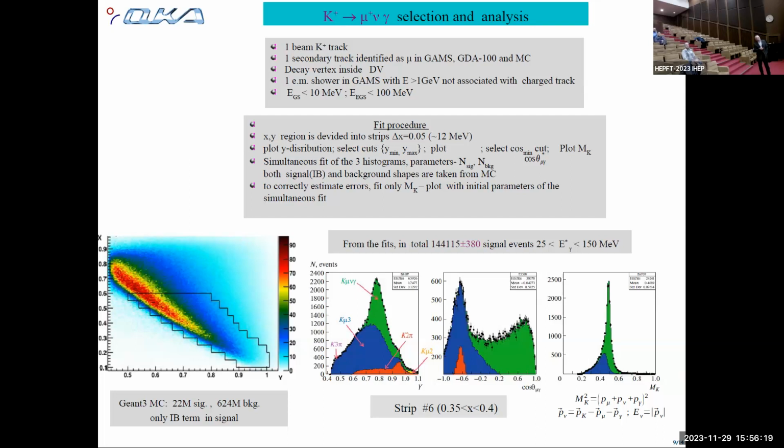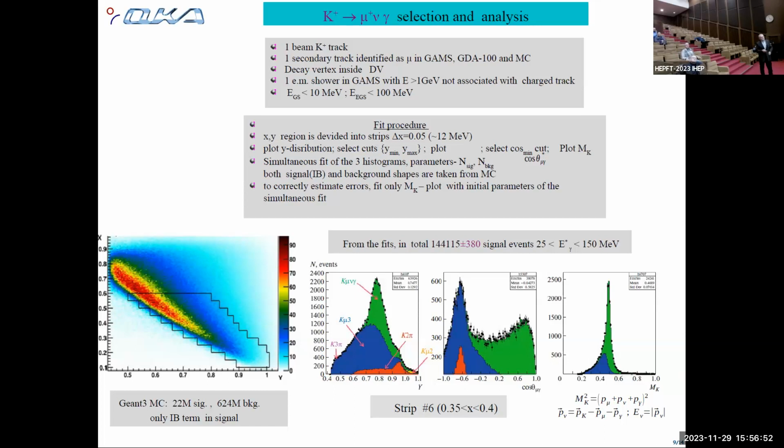Of course, after that you still have a lot of background, and the Dalitz plot is divided into strips in X, and X, if you remember, is proportional to the energy of the photon in the CMS. The step of the strip is roughly 10 MeV in photon energy.